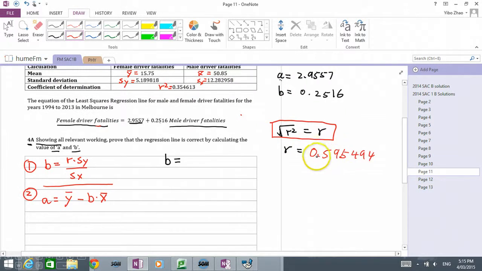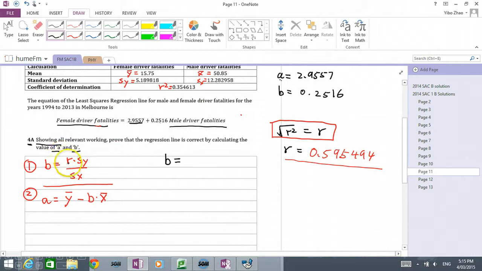You can write down 0.5955, but I write down 0.595494 because I want accurate results. But during the calculation, write down at least 4 decimal places.